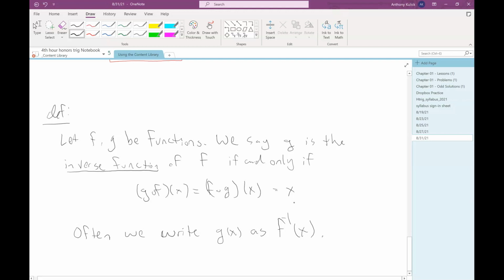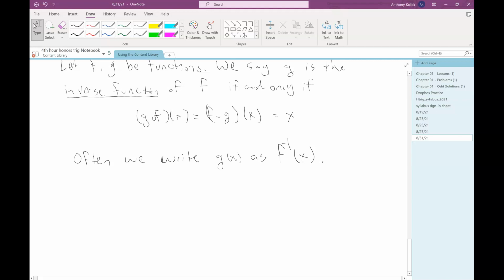So that -1 in the exponent doesn't mean the same thing as a -1 exponent on a variable or constant. When we write the -1 exponent on a function, it doesn't mean a reciprocal. It means the inverse of the function. So something that has this property of canceling the other function out.